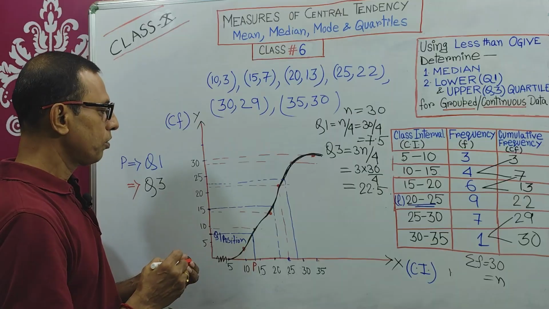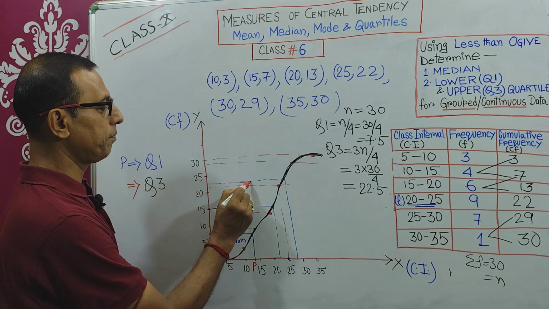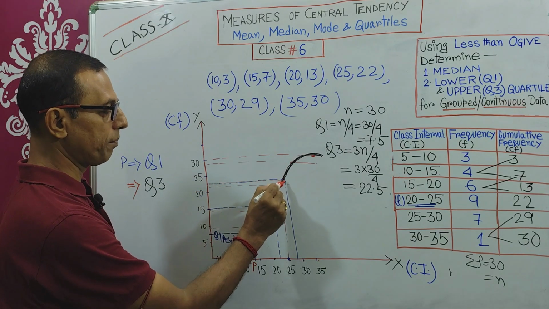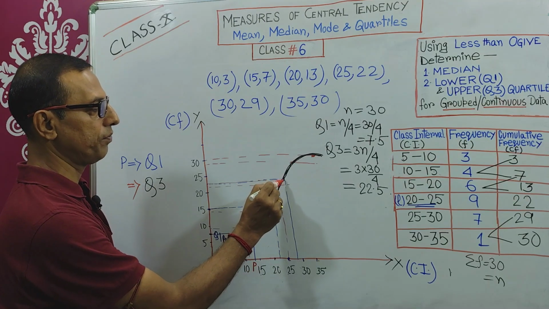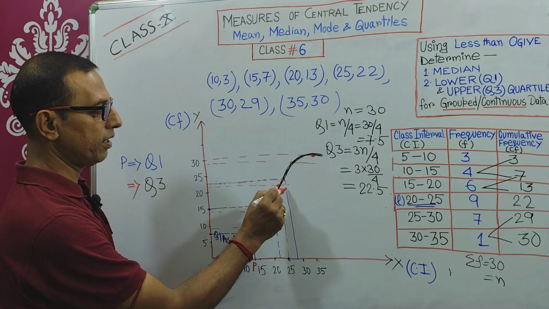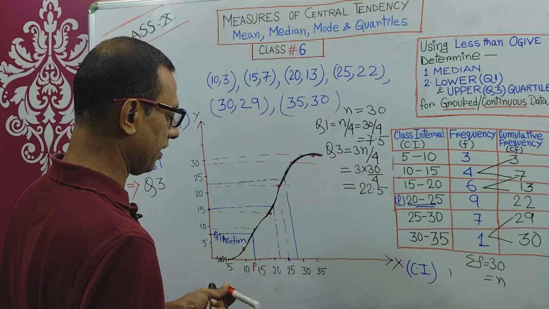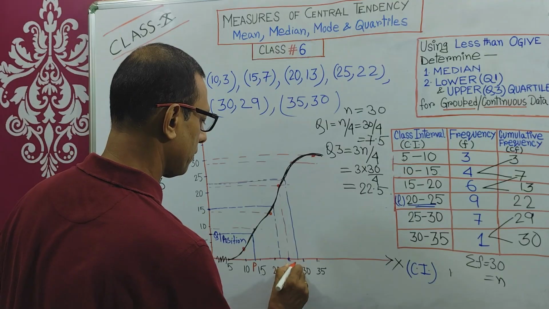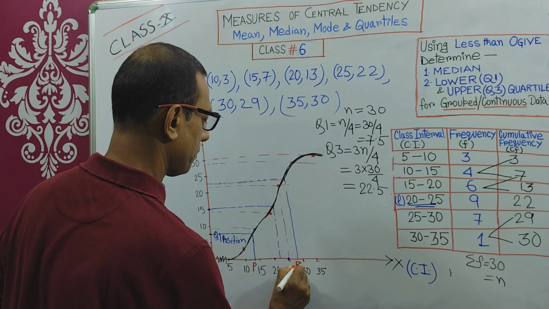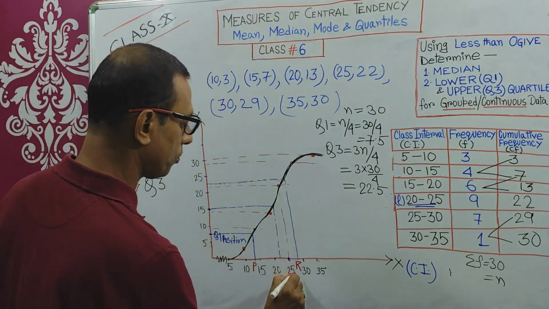Okay. So when you have drawn the parallel line from 22.5, and you have drawn the perpendicular where it has intersected this less than ogive curve, I am giving the name of this point as R. So this R represents Q3.